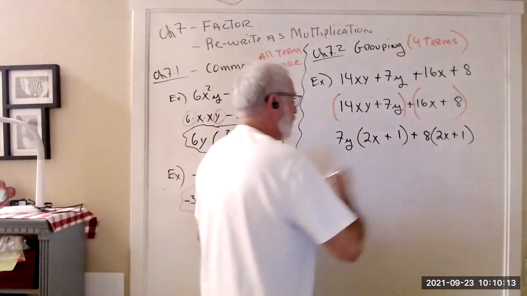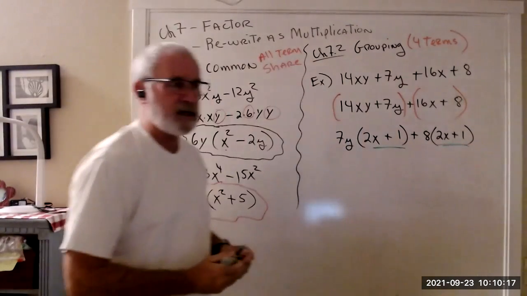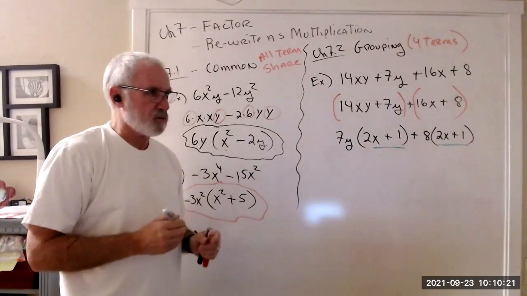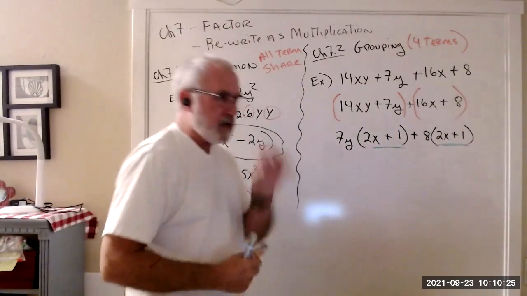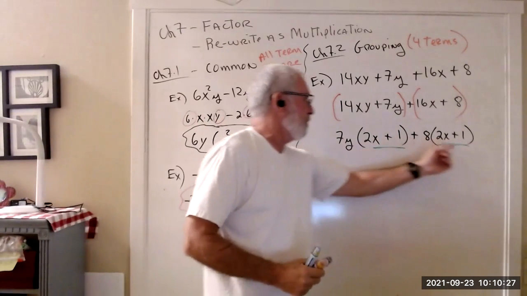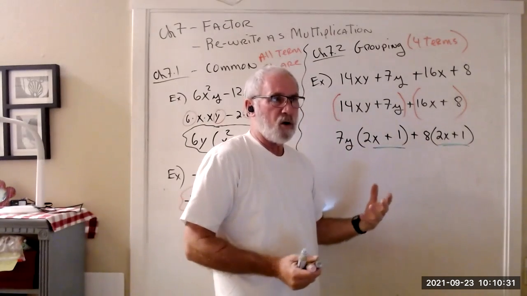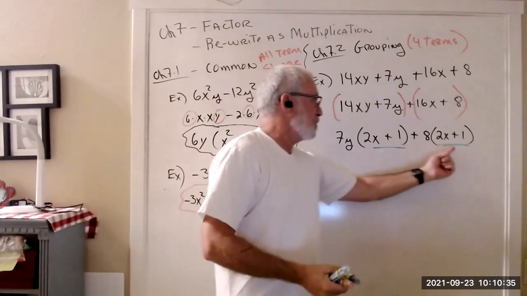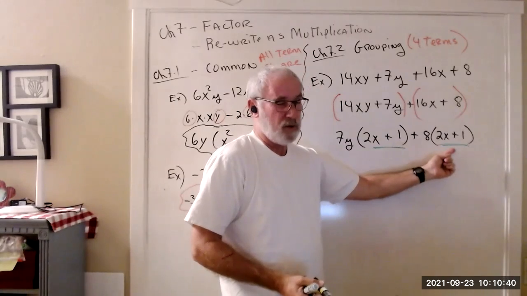But is this quantity and this quantity exactly the same? That's critically important. Are they exactly the same? If they're even the slightest bit different from each other, then you did something wrong, or the problem's set up wrong, or something. If these two are just the slightest bit different, somebody screwed up.